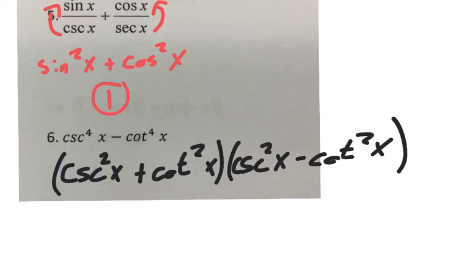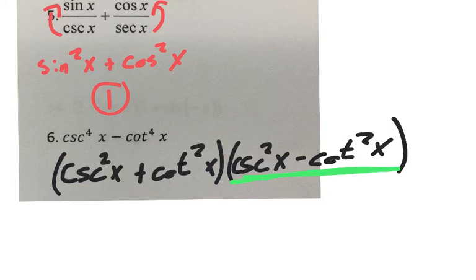I can move which one? Okay, so if I move cotangent squared over, it would then become negative. So I could make the identity say cosecant squared minus cotangent squared. Does everybody see what we're talking about?